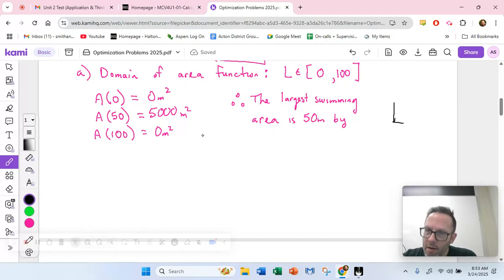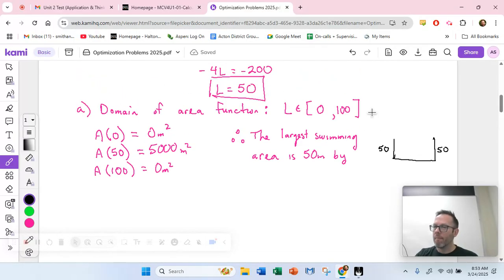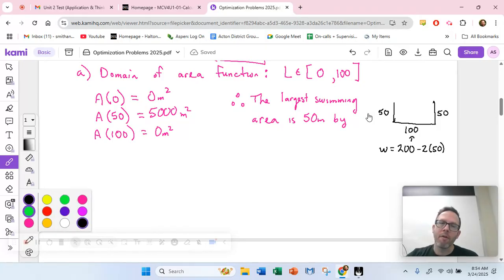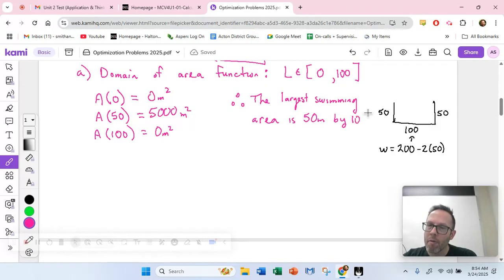So we're saying you want to make the best swimming area possible. You go 50 meters out into the lake. And then, of course, you can probably use just mental math here, how much width is left. Or if you needed to, you could calculate what the width would have to be. It's 200 minus 2 times 50. But that gives you 100 meters. So it's 50 meters by 100 meters.